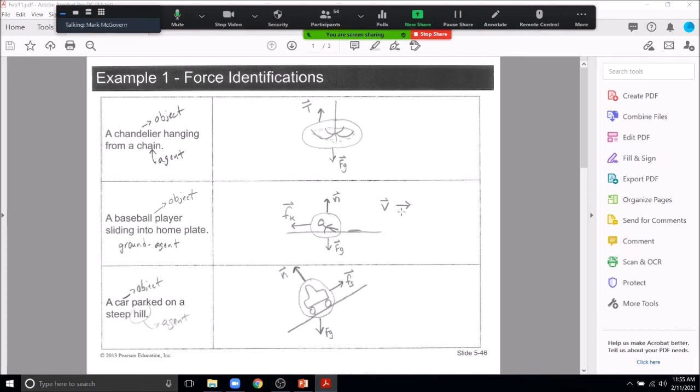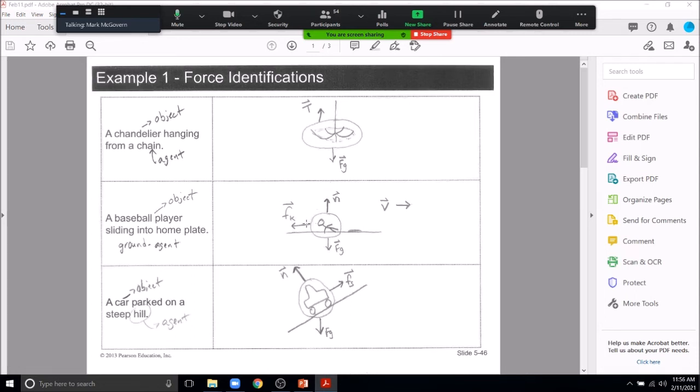When you have motion in your problem, you should indicate somewhere the direction of motion, because it helps to communicate if you've got friction correctly. Because by itself, it's not clear. I mean, this person's probably sliding to the right, but if you've got drawing skills like me, it's never really clear. So if your object is in motion, you should indicate the direction of motion. Anyway, gravity down, normal force upward, kinetic friction to the left.